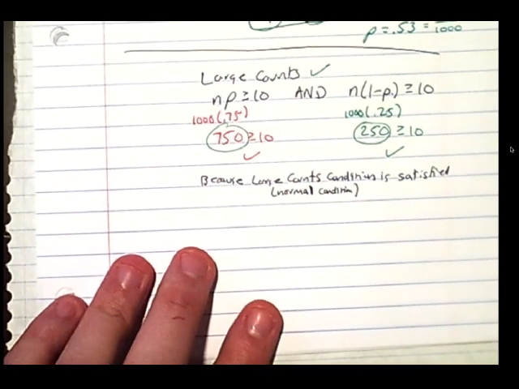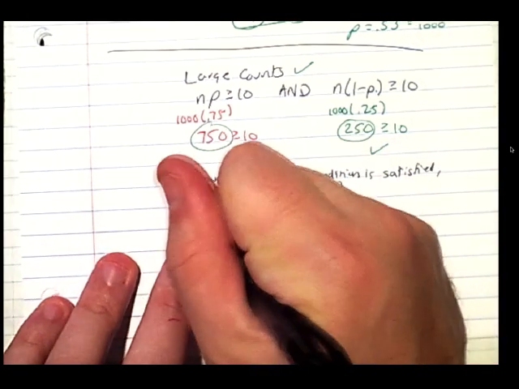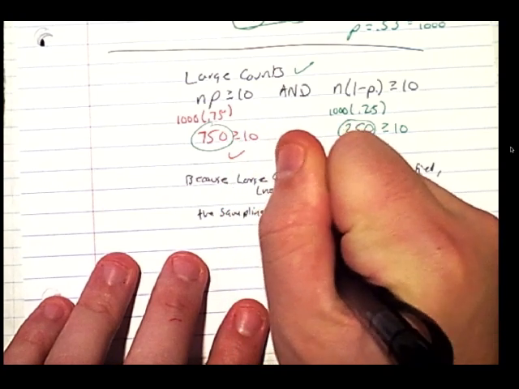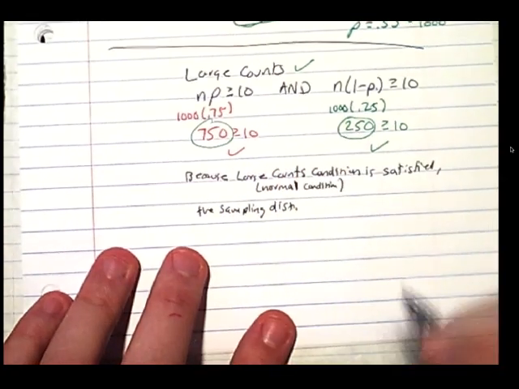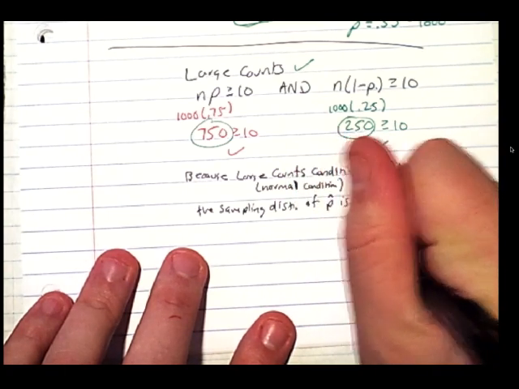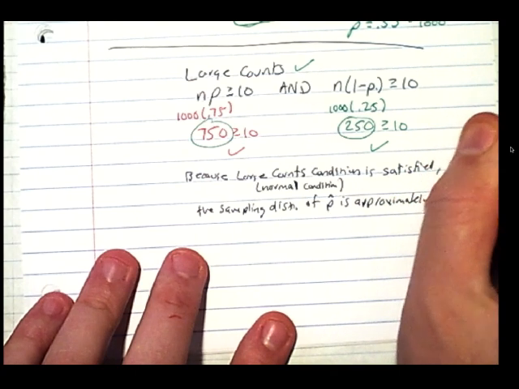You'll see why here in a second. Because the large counts condition is satisfied, the sampling distribution of p hat is approximately normal. It's important to use that word approximately.